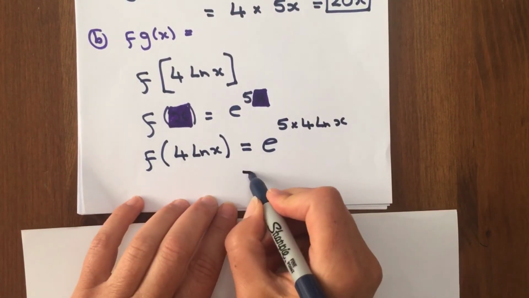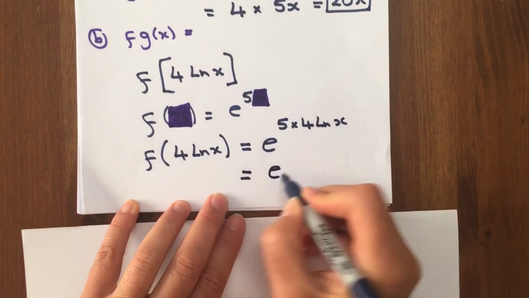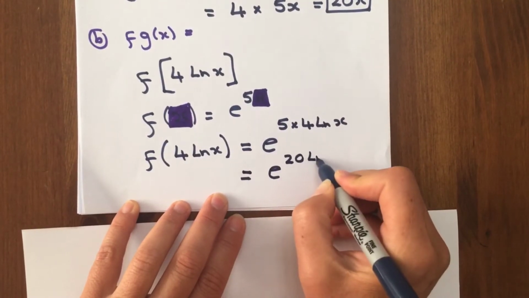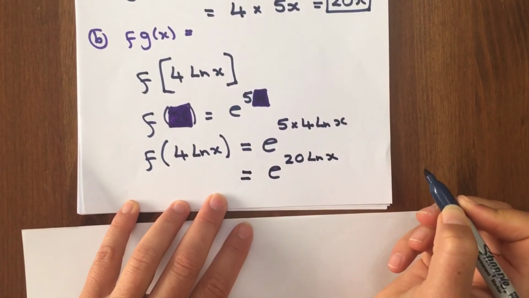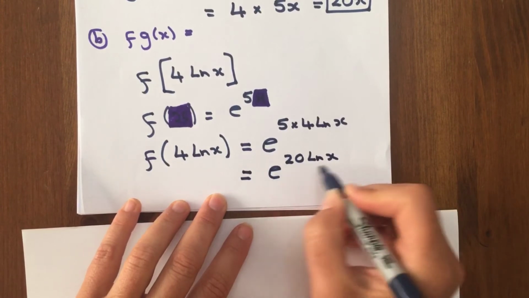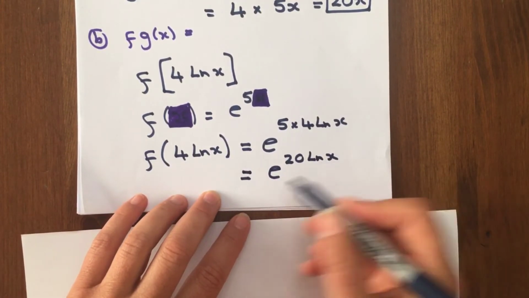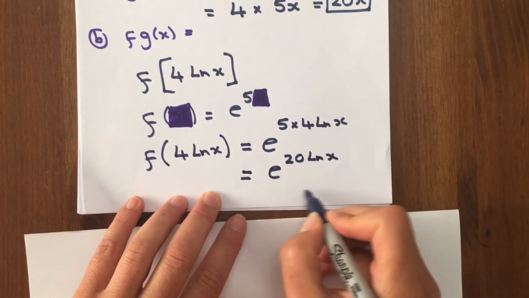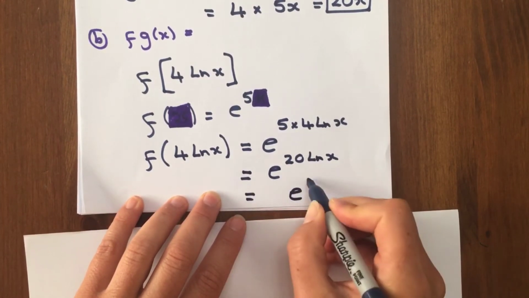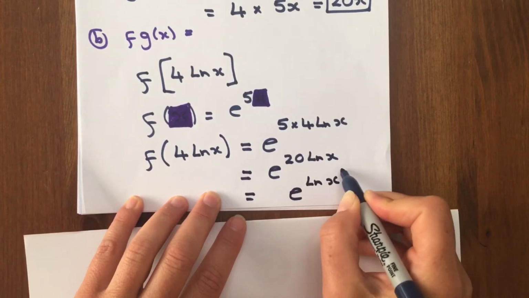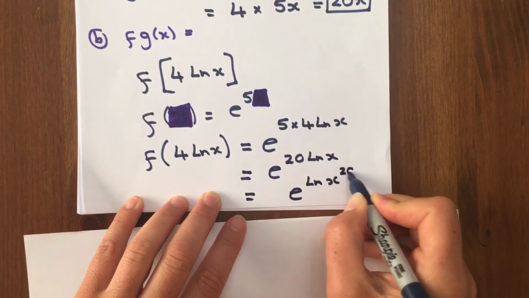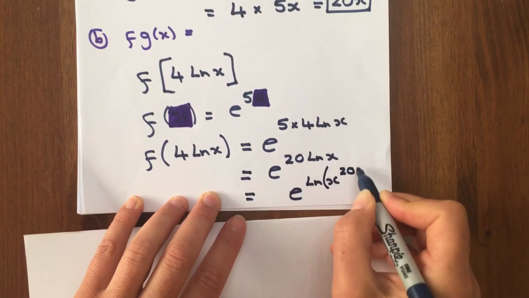So this is the same as saying e to the 20 ln of x. Now, e and ln are inverse functions, but I can't do the inverse yet because I need to change this to e to the ln of x to the power of 20. Remember the power rule?